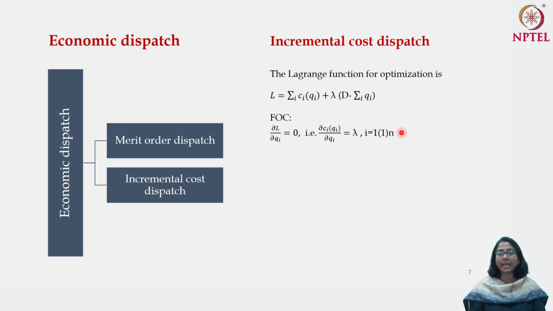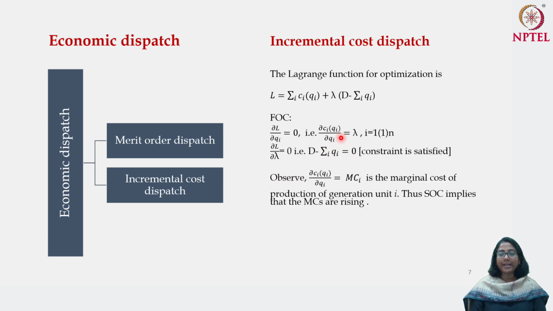Now I actually have n first order conditions, because this condition holds for all i running from 1 to n. The n plus 1th first order condition is given by del L del lambda equal to 0, which means D minus summation of Qi is equal to 0, which means that your constraint is satisfied.